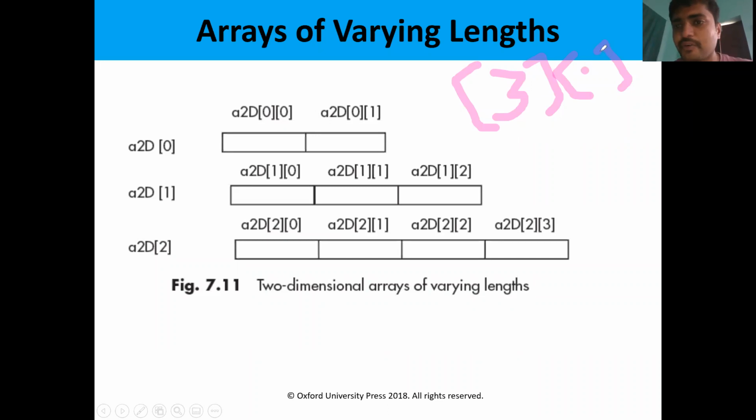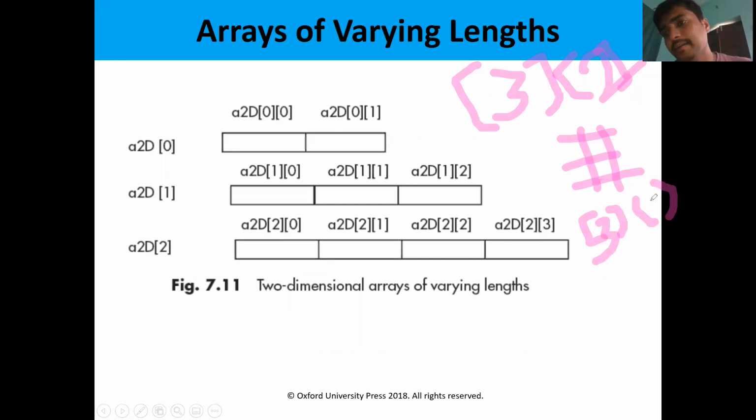If you give 3 by 2, it means 3 rows, 2 columns. But here he is giving the empty index for the column value. That means 3 by something, and that value is not a constant. For each row the value changes.